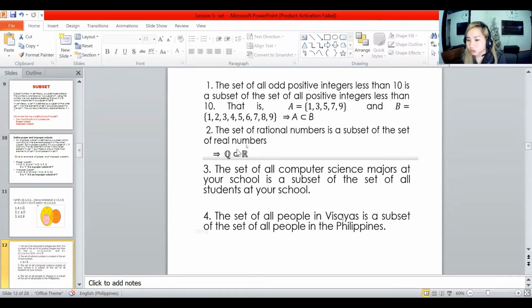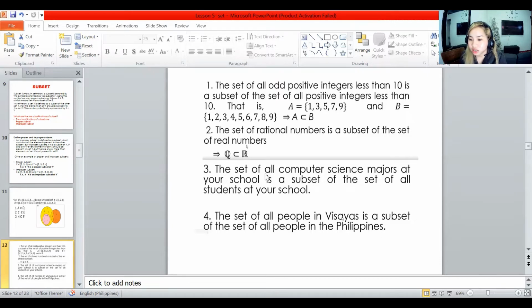And correct naman yun. So, kapag po sa mathematical notation, Q is a proper subset of R, or rational numbers is a proper subset of real numbers. So again, nasa loob ni real number si rational numbers.